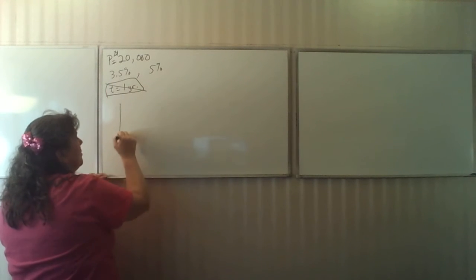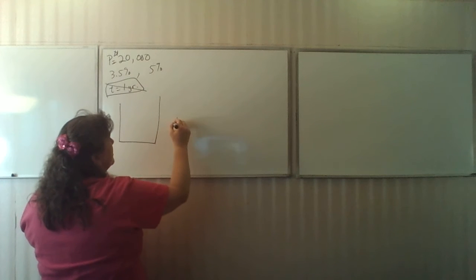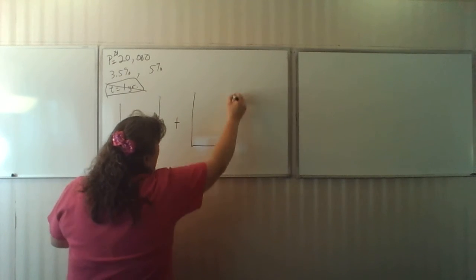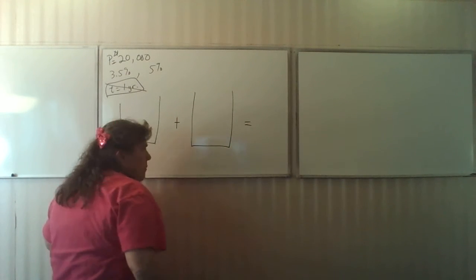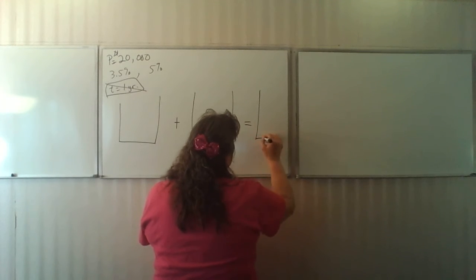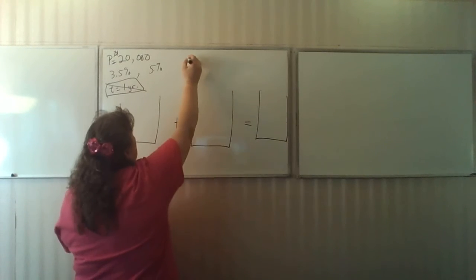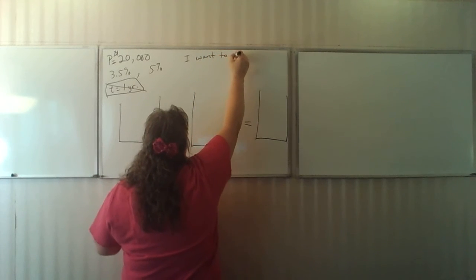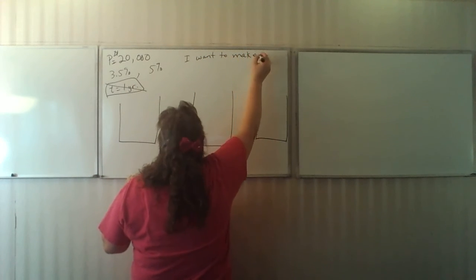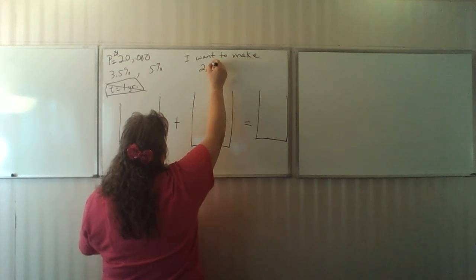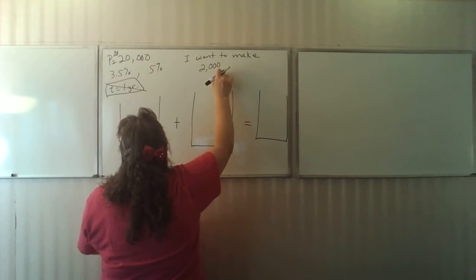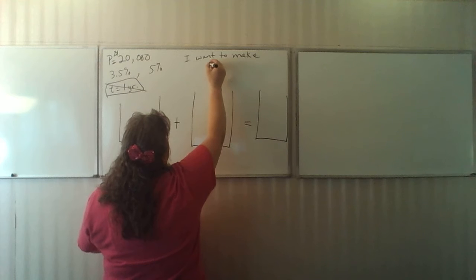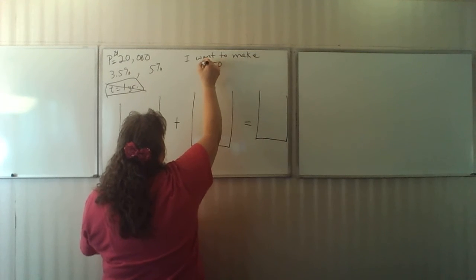So we're going to put this in a chart. And I don't know, but let's see. Let's have I want to make, how about $2,000? Can't do it, that's too high. Let's say $750 in interest.